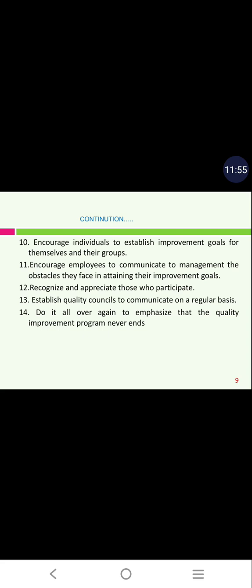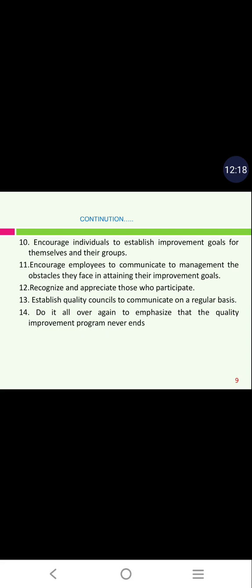Those difficulties have to be communicated to the management. Obstacles is nothing but difficulties. This has to be informed to the management so that they can take necessary action and the employees can work towards their goals.